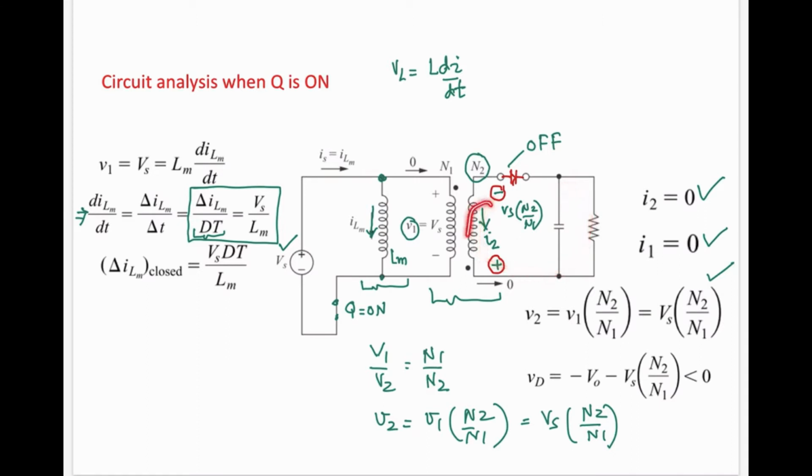The secondary voltage plus the load voltage will be the total voltage applied across the diode terminal: the load voltage V naught and this voltage, Vs into N2 by N1. The sum of these two will be the voltage that appears across this diode, so your diode will have to withstand that voltage. And as it is negative, your diode is in the reverse bias state.